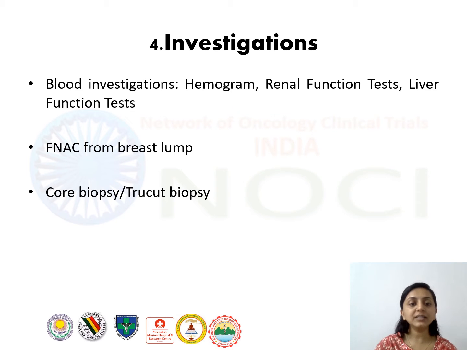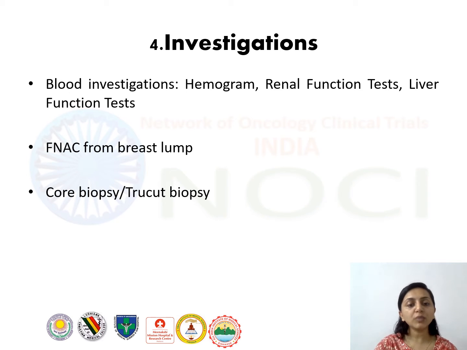So a fine needle is inserted into the lump and a little bit of the tissue is taken, and that aspirate is sent for examination and looked at through the microscope, and here we can see if there are any malignant cells present or not. This much information can be got from a FNAC of the breast lump.